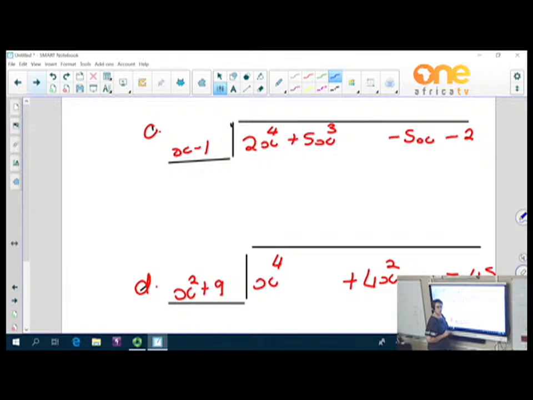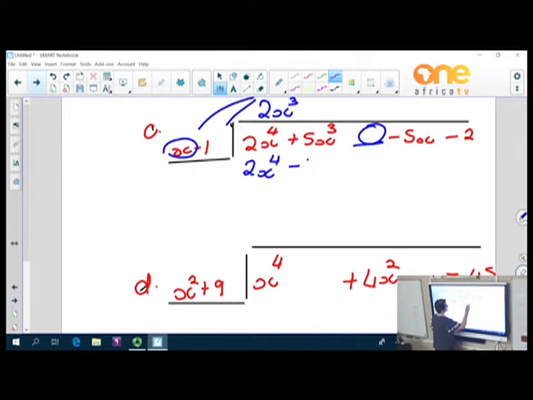Number C. Again, I rearrange them, and there is no x squared, so that one is going to be 0. Leave that open space. So x divides into this one, 2x to the power of 3 times. I multiply, then I have 2x to the power of 4 minus 2x to the power of 3.